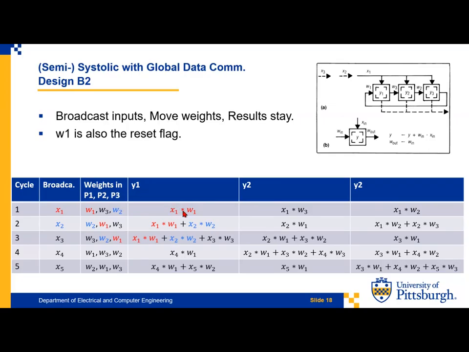The Y1 will be X1 times the W1, and at the next cycle, the second cycle, because the weight will rotate, the weight for the PE1 for the Y1 is W2, and in the previous cycle we have X1 times W1. So in the second cycle we will accumulate the X2 times the W2 on the Y1 register.